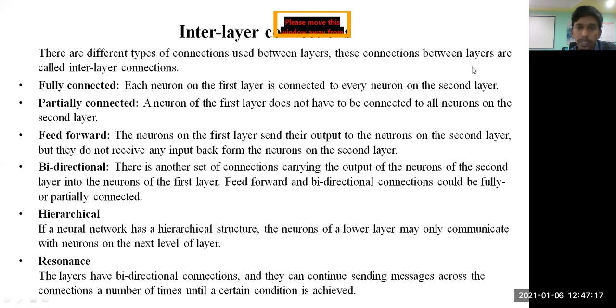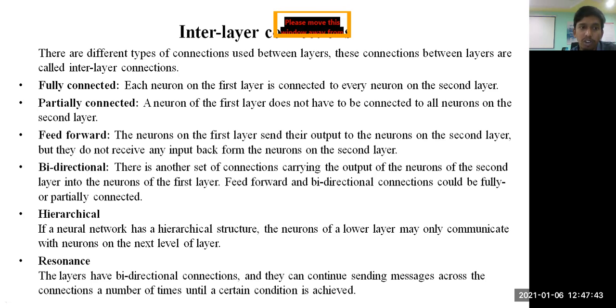Talking about the in-depth concept of connections, connections are classified into two types: interlayer connection and intra-layer connection. In yesterday's session, we discussed interlayer connections, that is feed forward and feed backward networks. With respect to these interlayer connections, you have different types. First is fully connected, where each neuron of the first layer is connected to every neuron of the second layer.